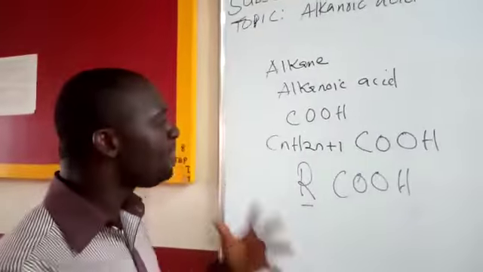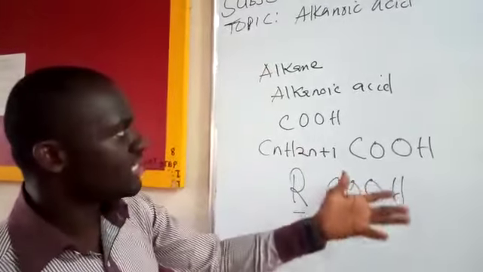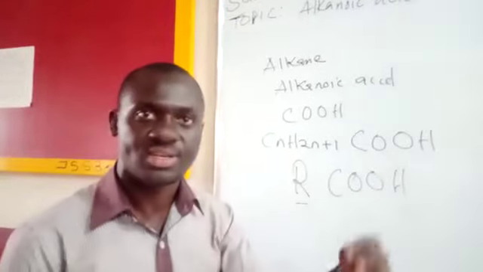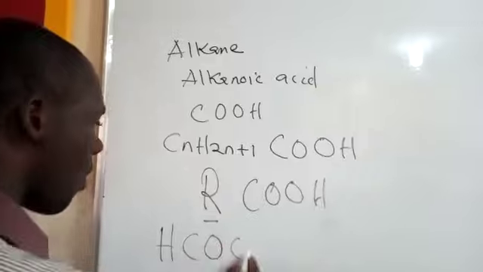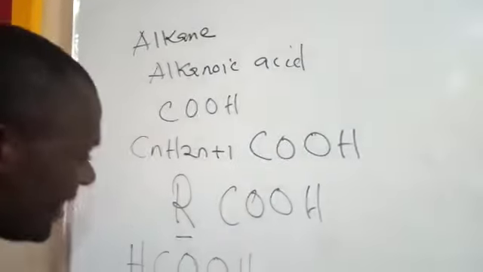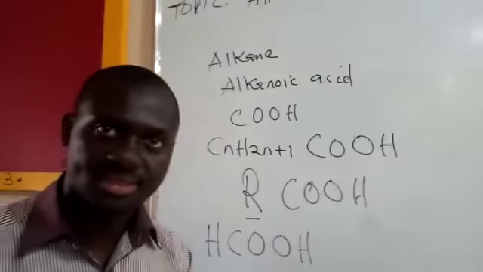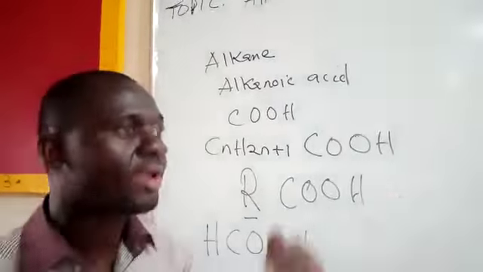Good. The simplest member of the carboxylic acid or alkanoic acid is methanoic acid, and the formula is HCOOH. Remember, it is called methanoic acid because one carbon atom is meth. Since you have one carbon atom, I call it methanoic acid.